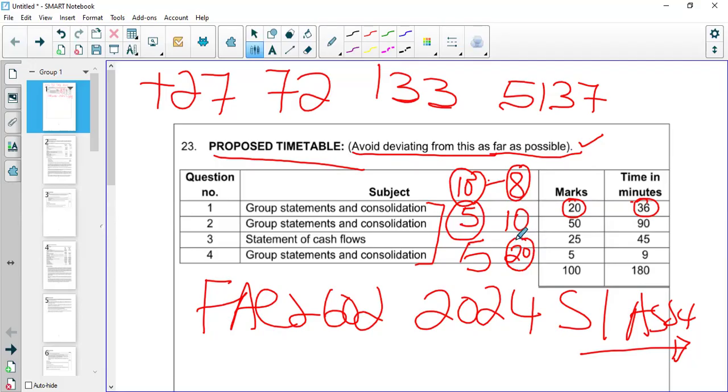So you see that the first 10 marks could be so easy, just 8 minutes, because those are the things that you remember quickly. You don't have to do calculations, you already know.